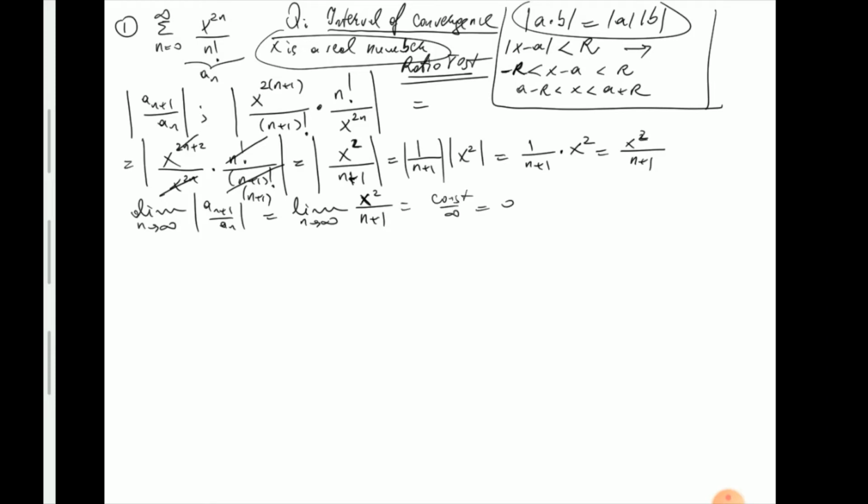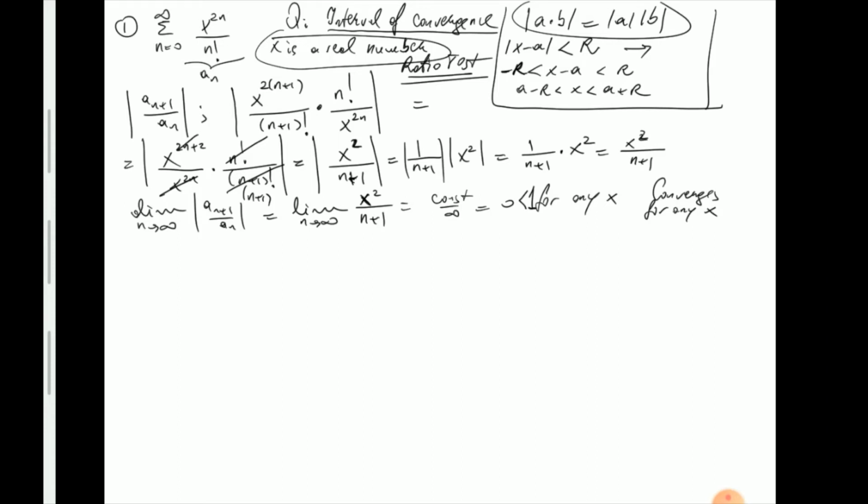This is going to be 0 for any real number x. So that 0 is less than 1, and that tells me this series converges for any x. That's the easy case with power series, when the limit gives you a number less than 1 no matter what x is.